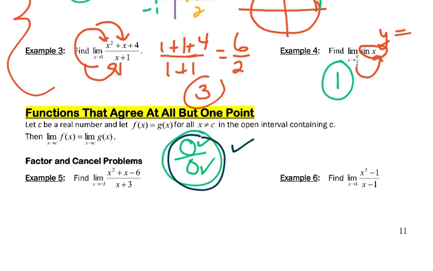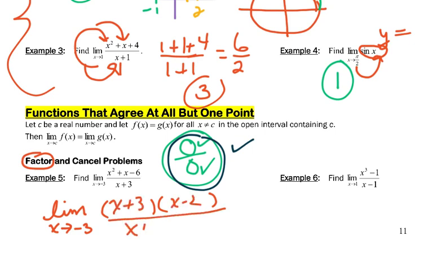So one of the ways to combat that is to factor. So what I'm going to do is factor the top. And I'm going to notice that that could be an x plus 3 and x minus 2 over an x plus 3. What that means is, see, this -3 gave me a 0 on the top and a 0 on the bottom.